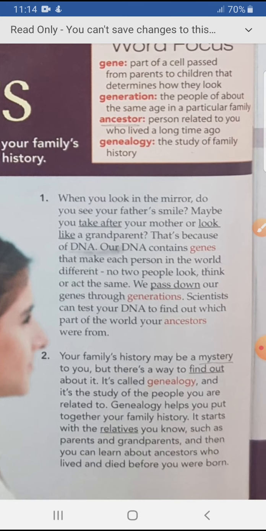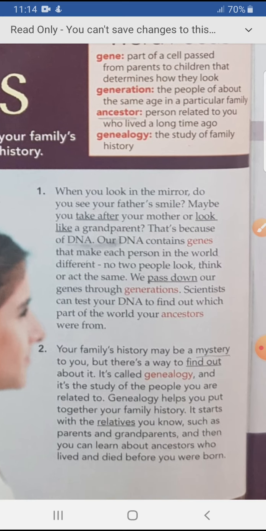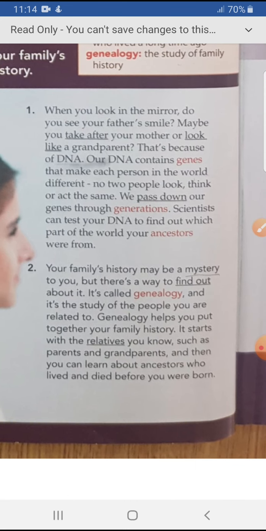We pass down our genes through generations. Scientists can test your DNA to find out which part of the world your ancestors were from. Your family's history may be a mystery to you, but there's a way to find out about it.